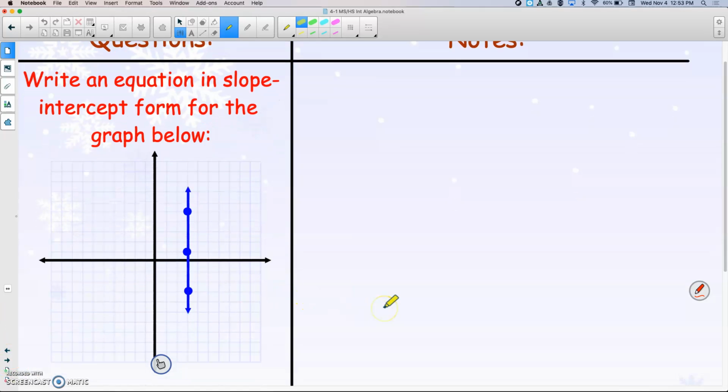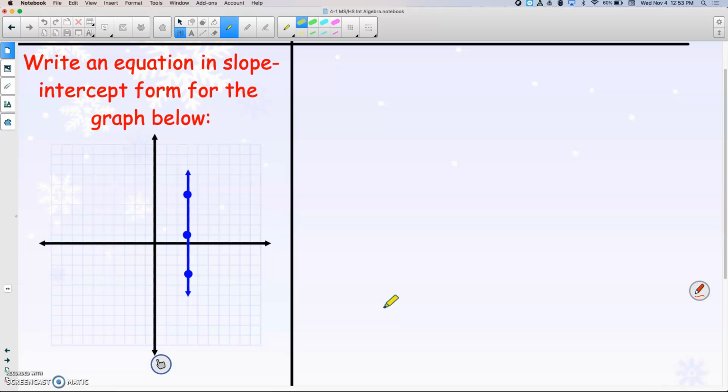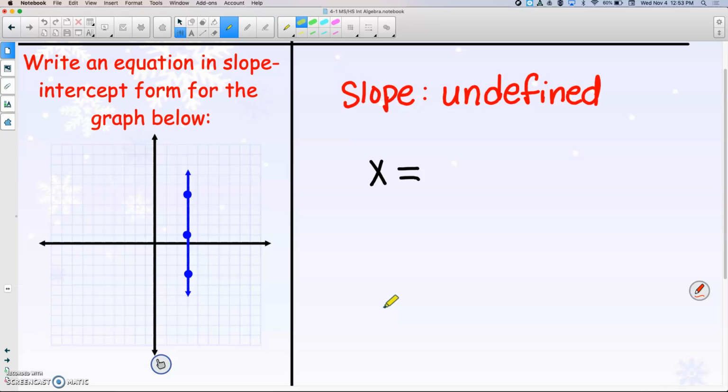All right, now you might be wondering, that was a horizontal line, this one's vertical. Well, a vertical line has a slope that's undefined. So the slope is undefined this time, so we can't write an equation in slope-intercept form. What this line has is only an x-intercept.